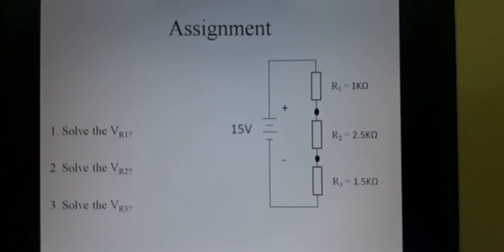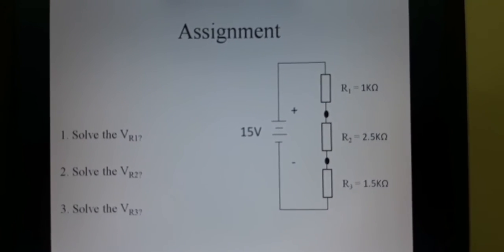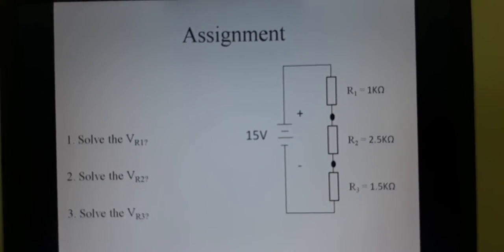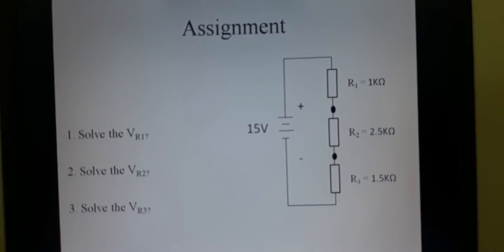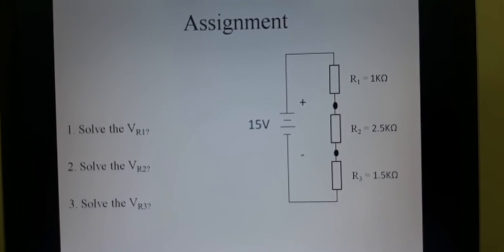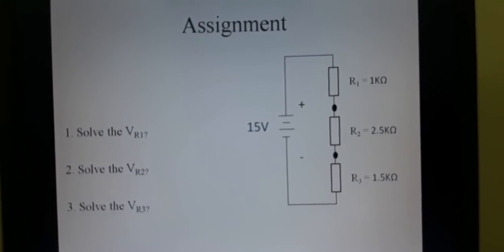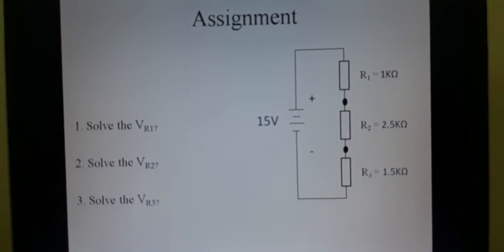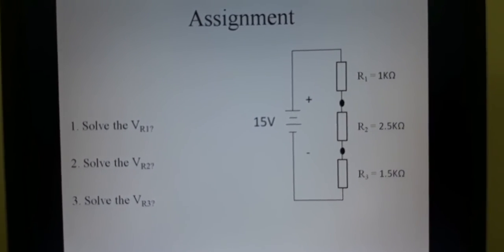So assignment. Please use the formula that was given to you in the previous presentation in solving for the voltage in R1, voltage in R2, and voltage in R3, or the individual voltage drop in this circuit.